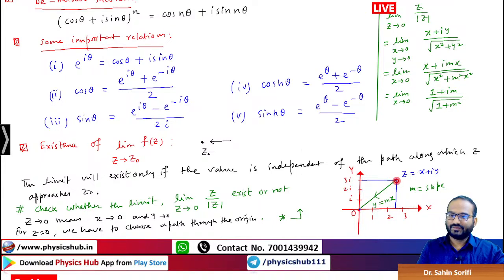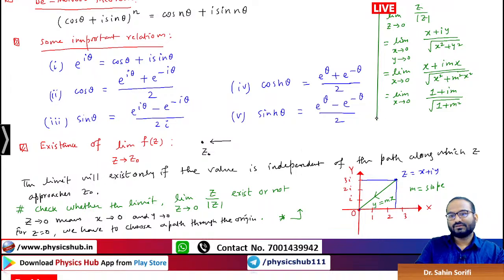There may be infinite number of paths through which you can reach the point z equals z0. But if you take this path, you will get one m. If you take another path, the m will be different. It depends upon tan theta. So this is not independent of the path.